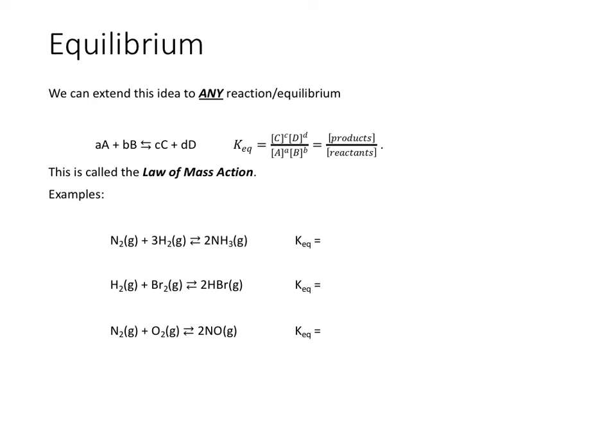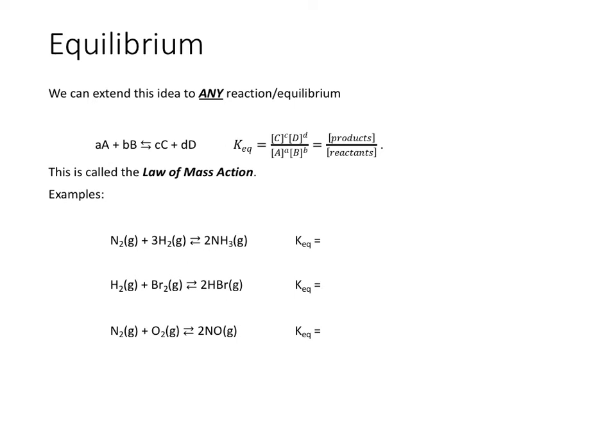Notice again, that's products over reactants. That's how we always form our equilibrium constant. Concentration of the products raised to their stoichiometric powers divided by the concentration of the reactants raised to their stoichiometric powers. This is called the law of mass action.